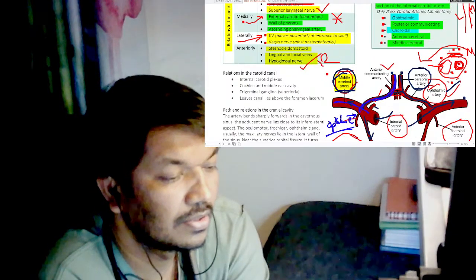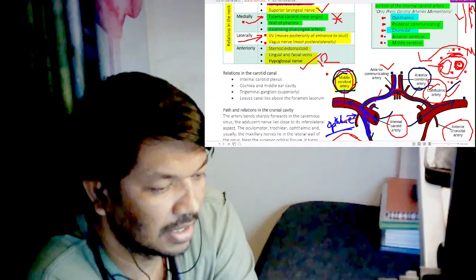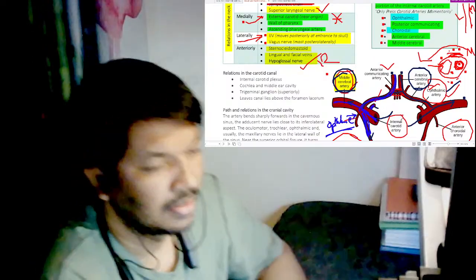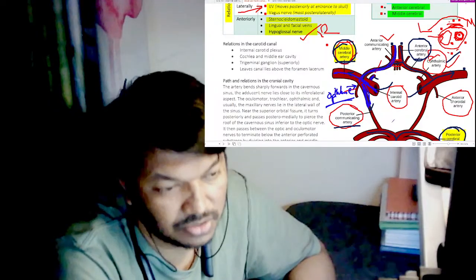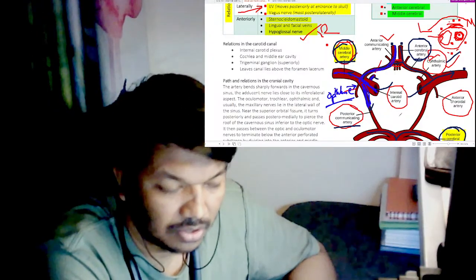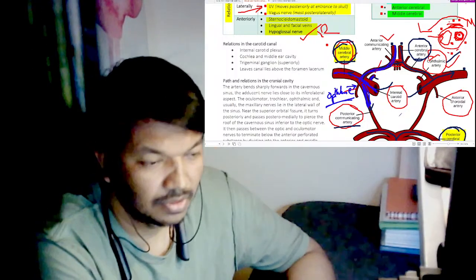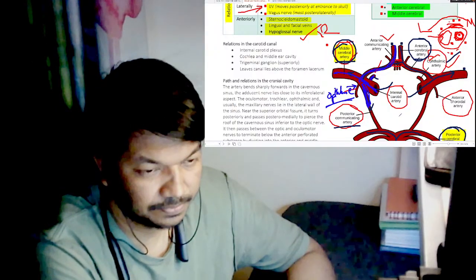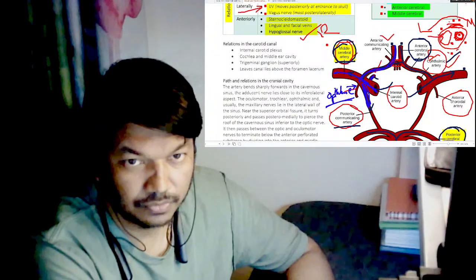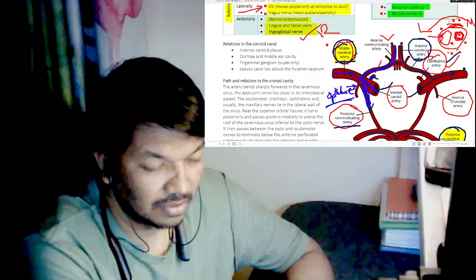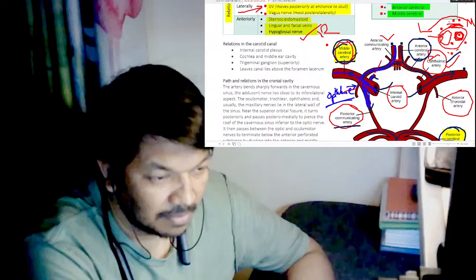In MCQ, they give the option: which of the following branches of the internal carotid artery does not take part in the circle of Willis? In the circle of Willis, mainly the ophthalmic artery will not take part.